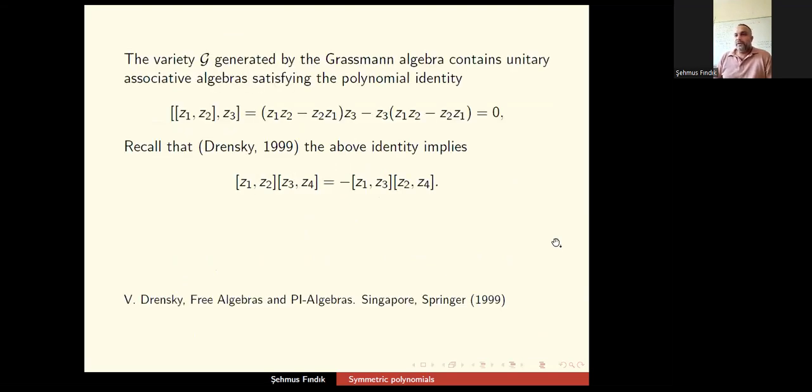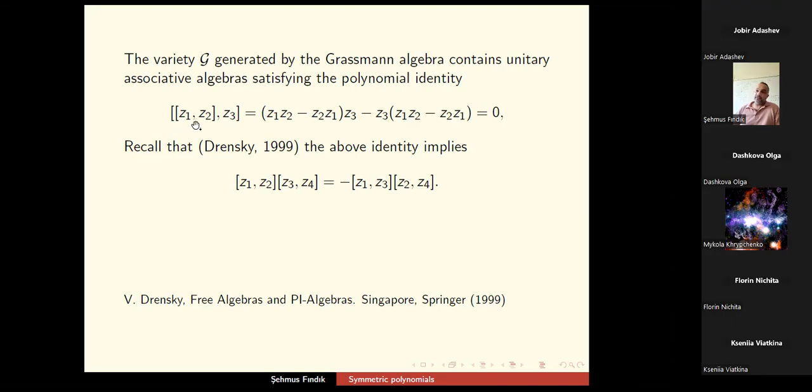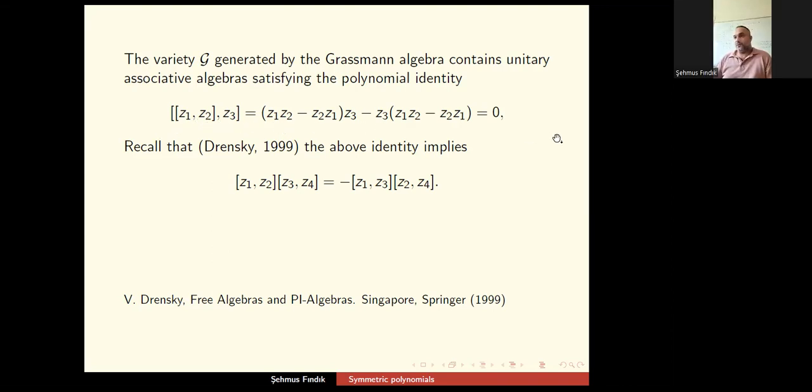So here we have all associative algebras satisfying this identity: Z1 commutator, Z2 commutator, Z3, which means this one in the associative case, and the free object of rank 3 is coming from here, and we work with this one.